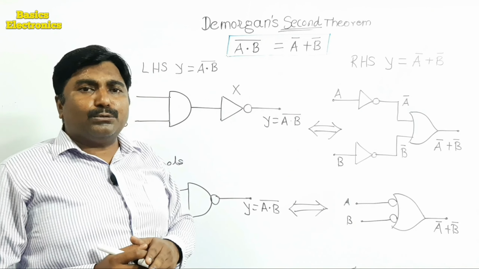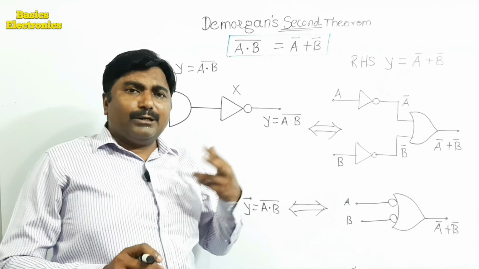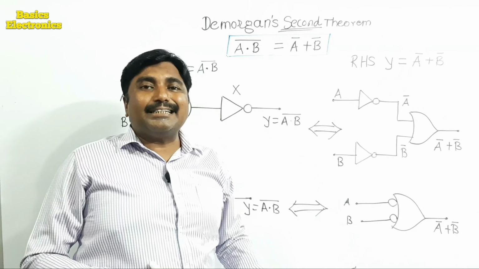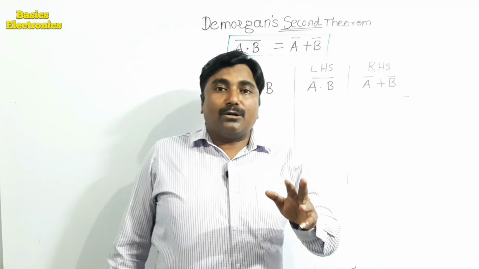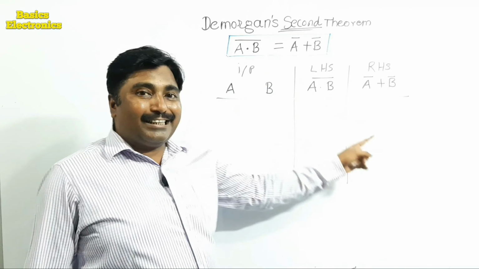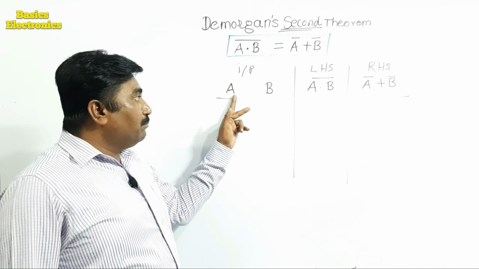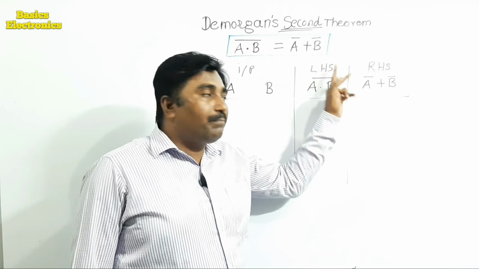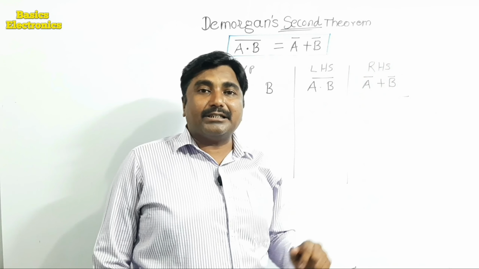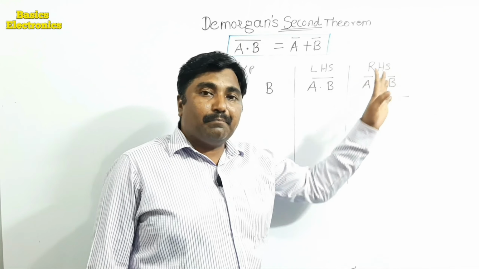In the truth table, what do we use? We use the combinations of inputs A and B, the left hand side equation A dot B complement, and the right hand side equation A complement plus B complement.